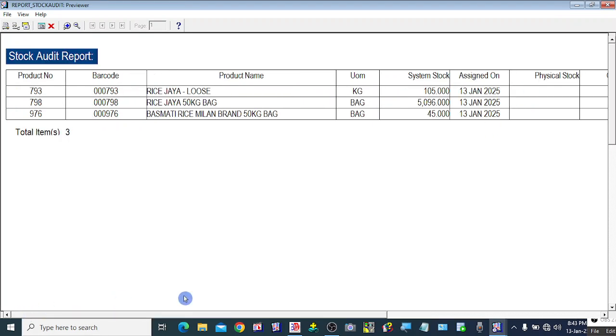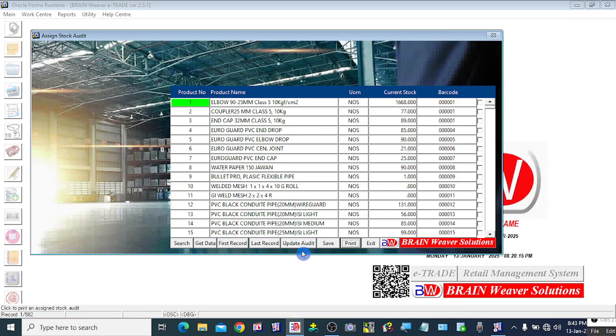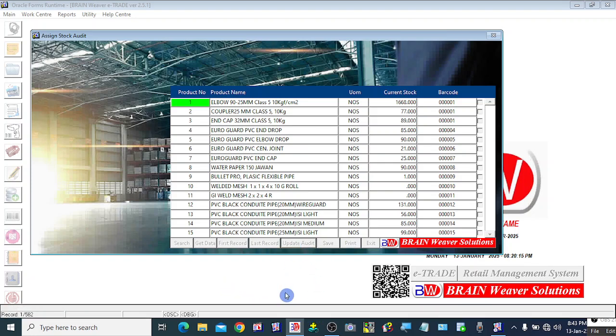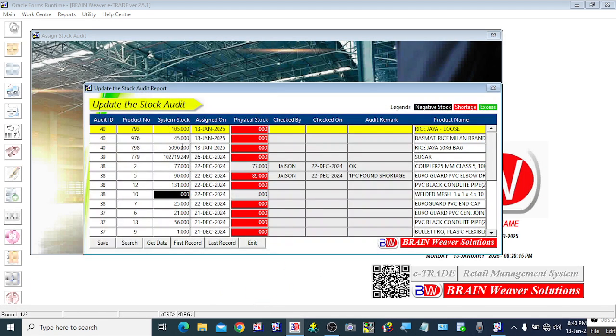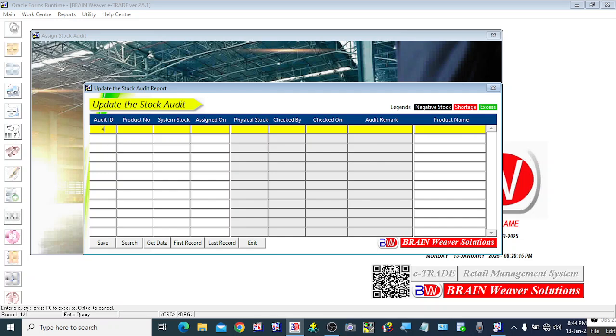Once the concerned person's stock verification is over, by clicking this update audit button, here we can see the audit ID is 40. Let me filter that recent stock audit transaction or entries only here.